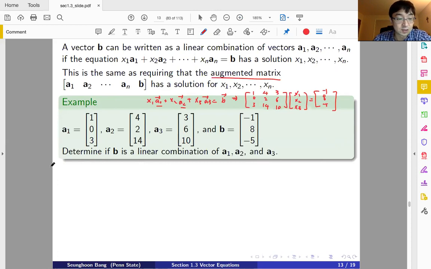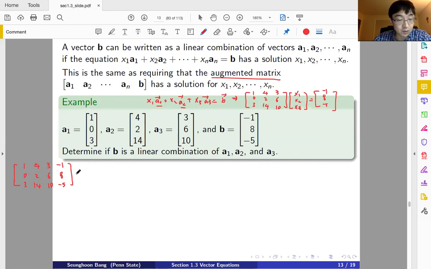The augmented matrix is: 1, 0, 3; 4, 2, 14; 3, 6, 10; and -1, 8, -5. You can change it to the reduced echelon form.